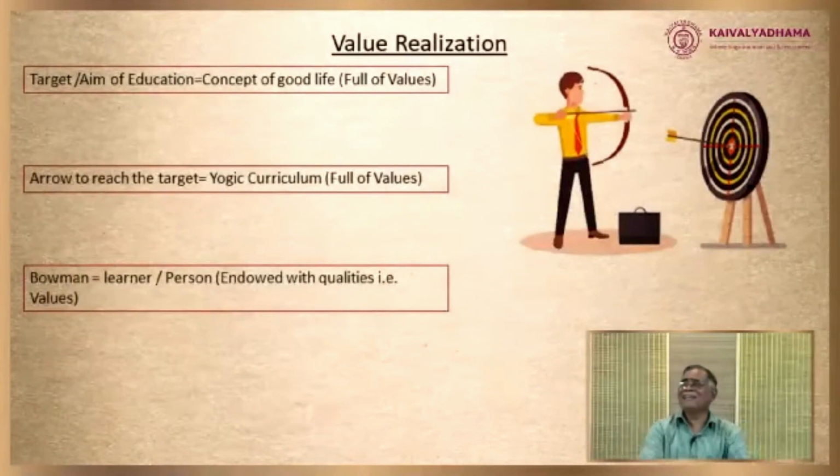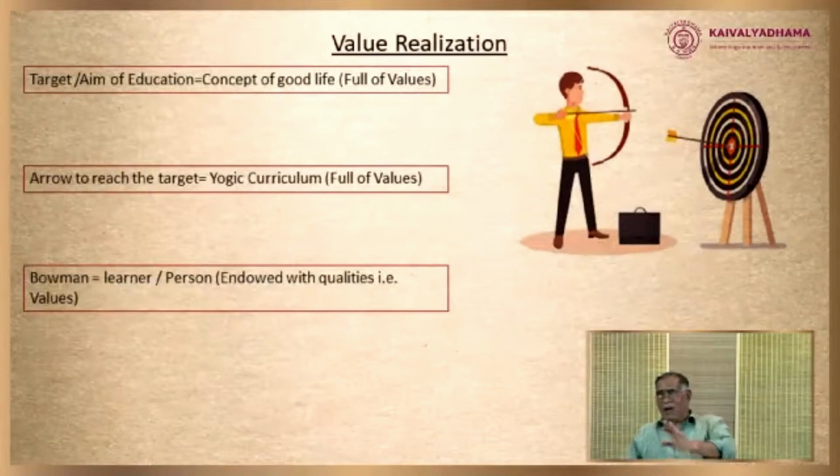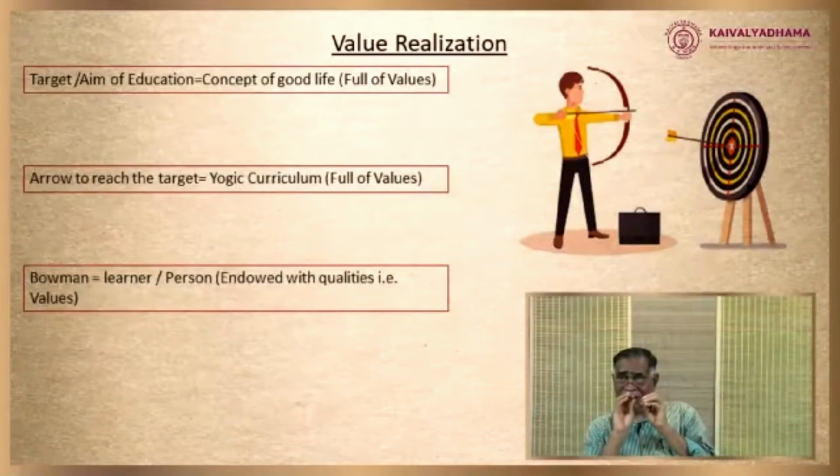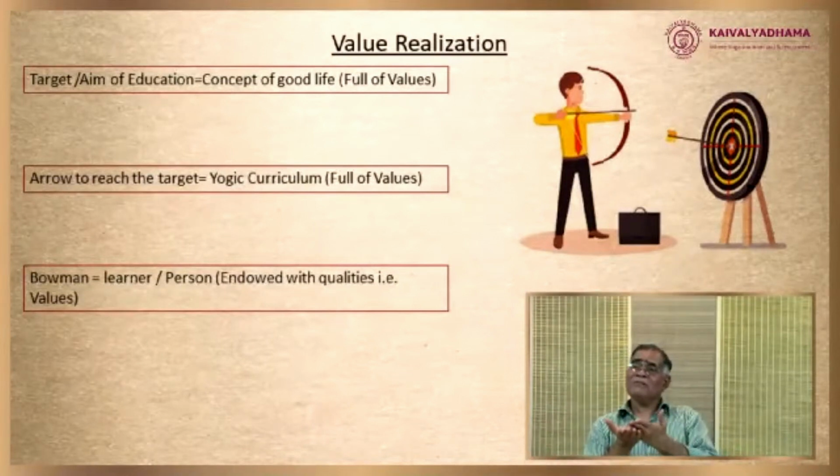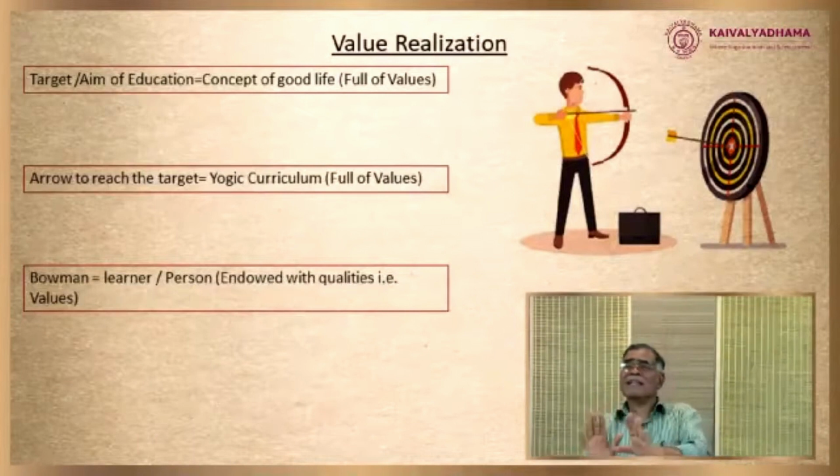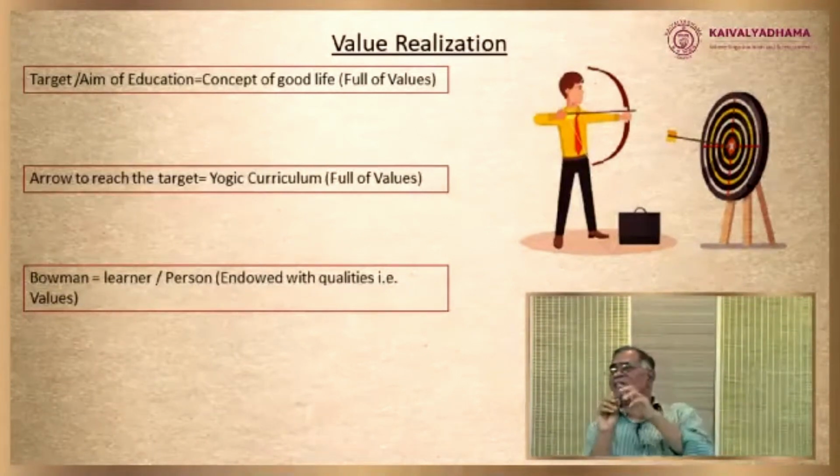Yes, this is a very beautiful way of putting whatever I have explained so far. What I have done is, see, yoga and value education. The realization of value education is our target. Realization of the value educational objectives is our target.